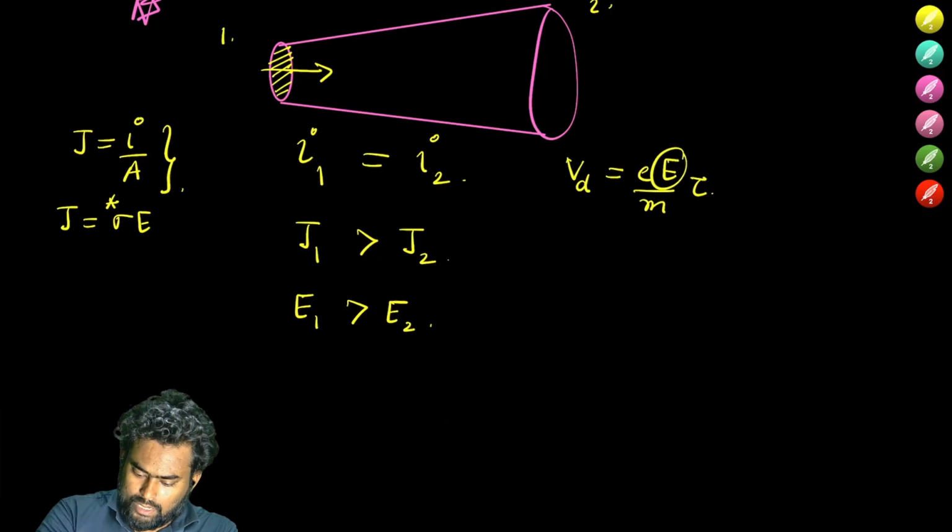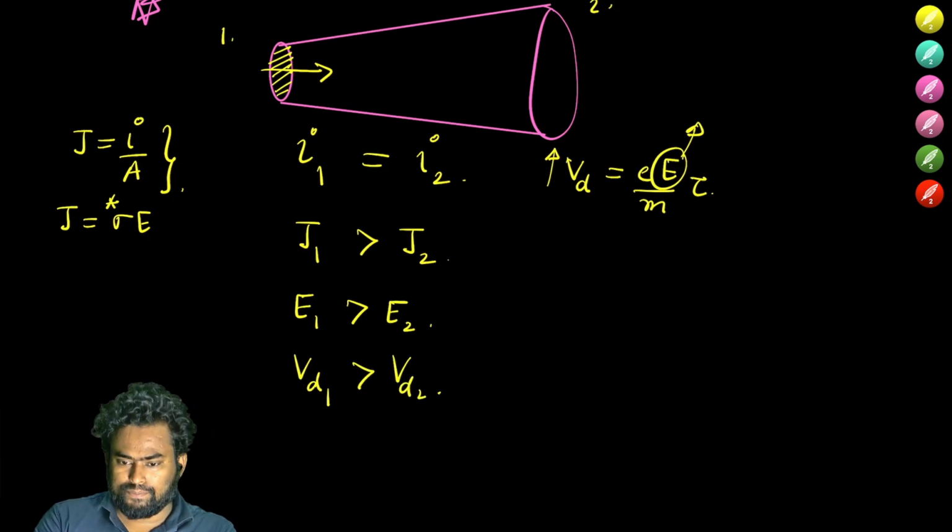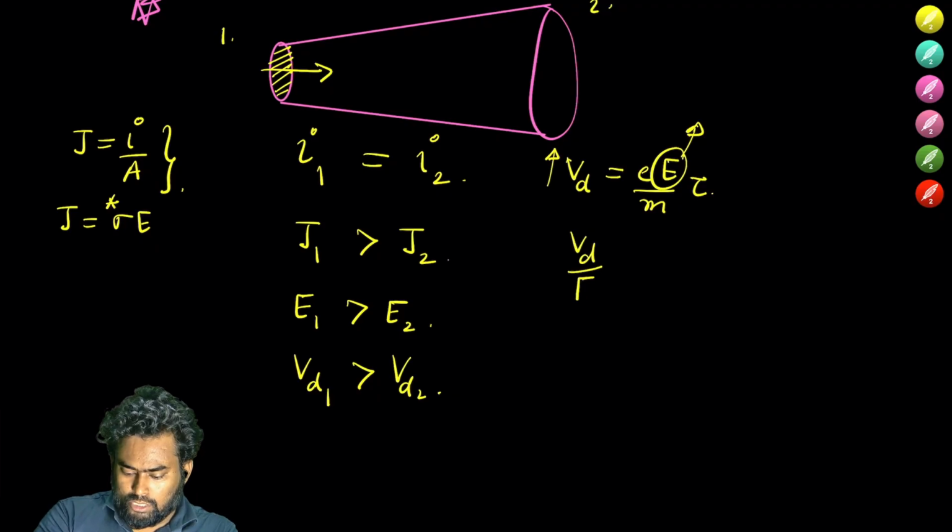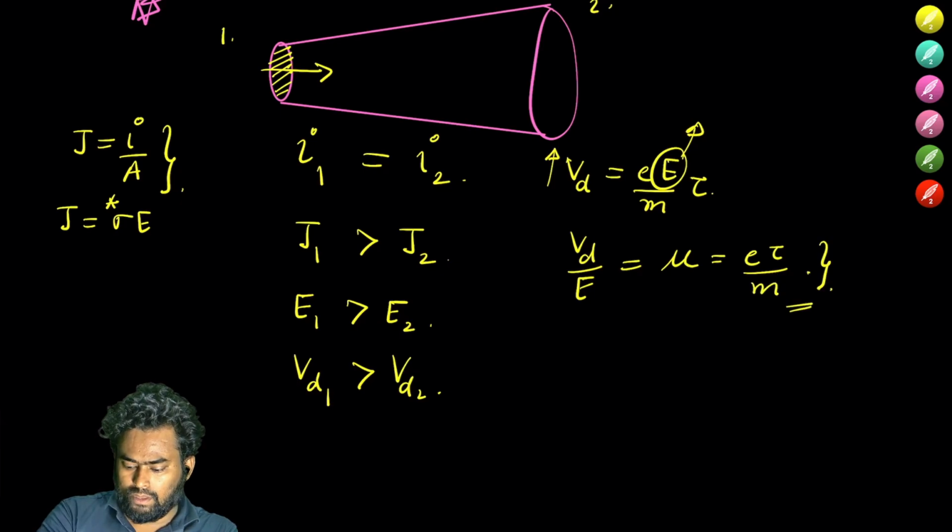Capital E, the electric field, is more, so drift velocity will be more. So drift velocity 1 will be more than drift velocity 2. Drift velocity per unit electric field is mobility. So mobility is E tau by m, and mobility will remain the same, mu1 equals mu2.